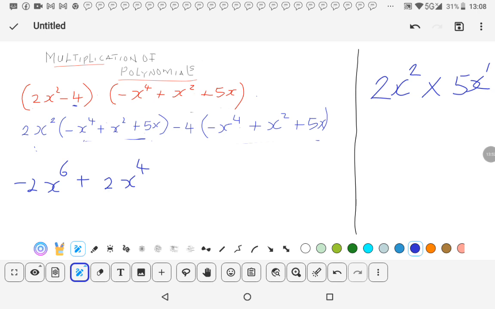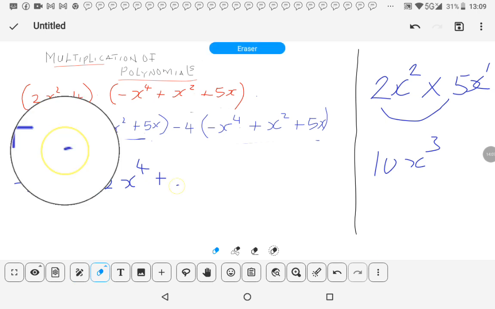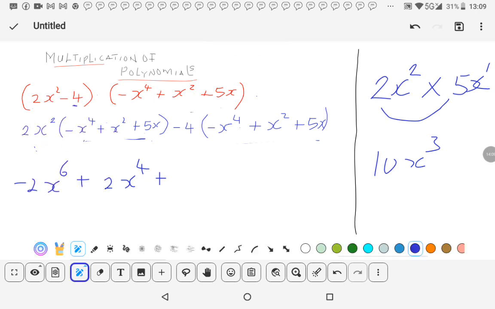So by the time you multiply 2 and 5, you get 10. Then you add the powers, you have 3. So this will be plus 10x raised to the power of 3. So now you're done expanding one of the brackets.